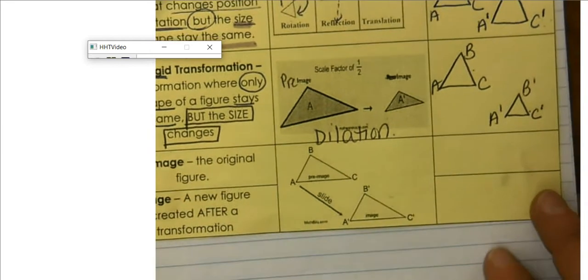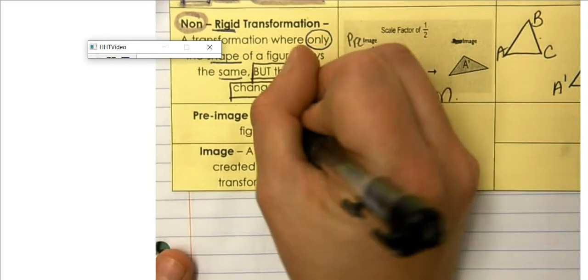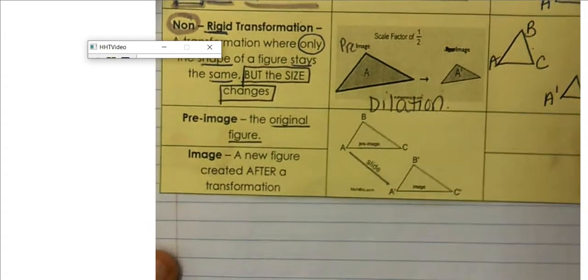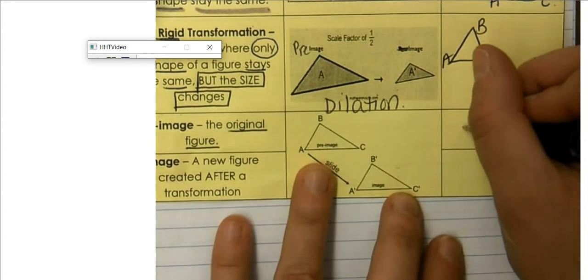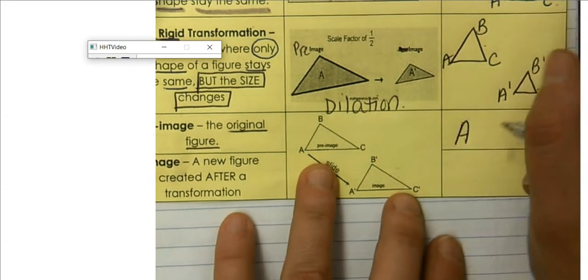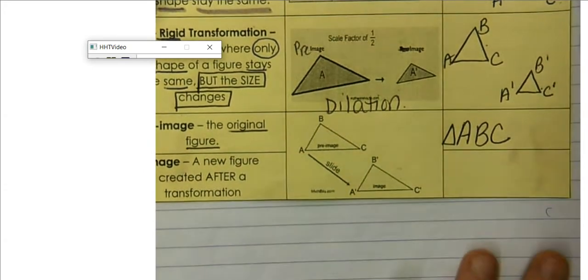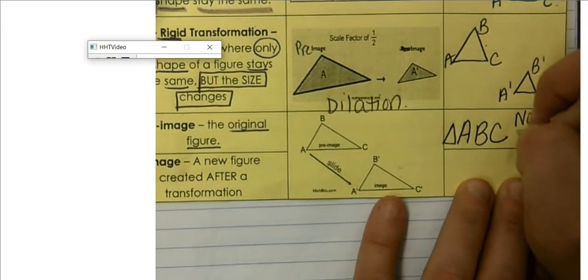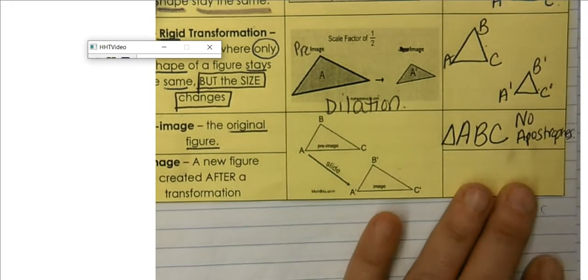The next vocab word is pre-image. Pre-image is the original figure. And the way that we label an original figure is we just label the points, like this is triangle ABC, just like normal. So no apostrophes. No apostrophes is the original image.